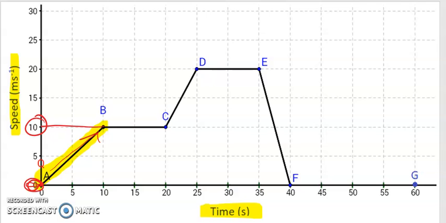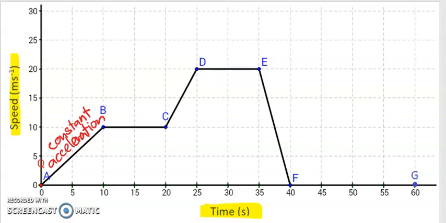This tells us that they were accelerating. So an upward sloping line on a speed time graph means acceleration. And since it's a straight line, we can say that it's constant acceleration.